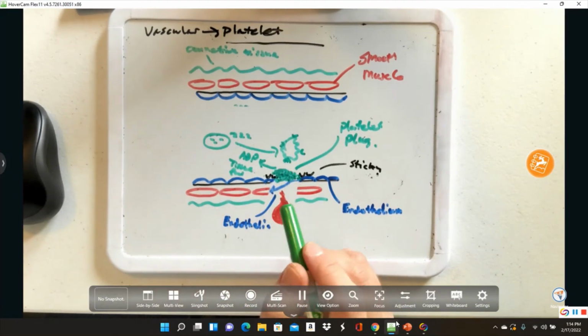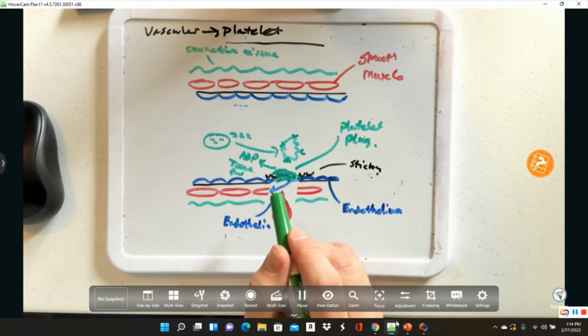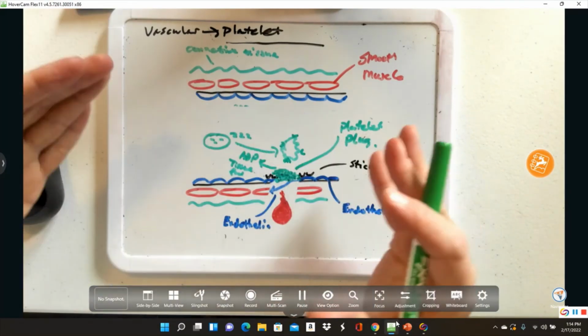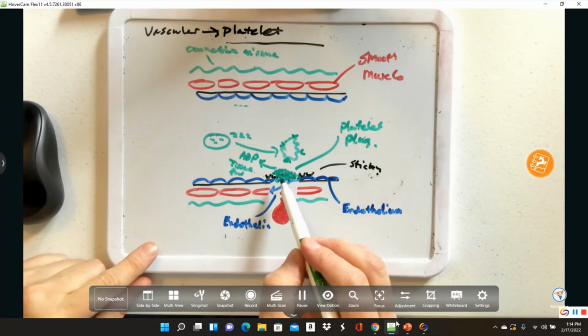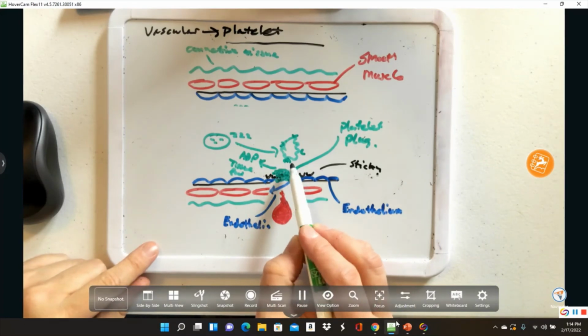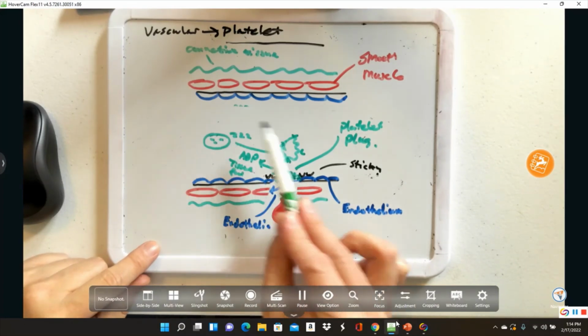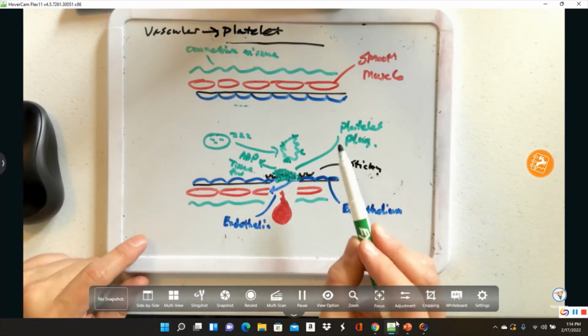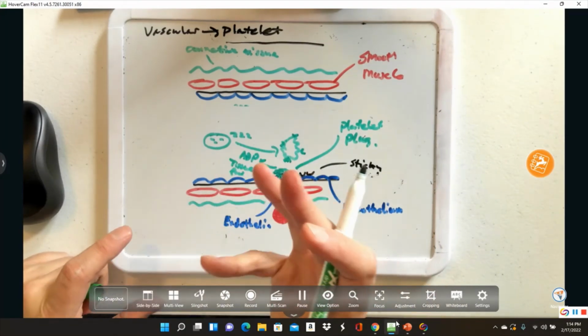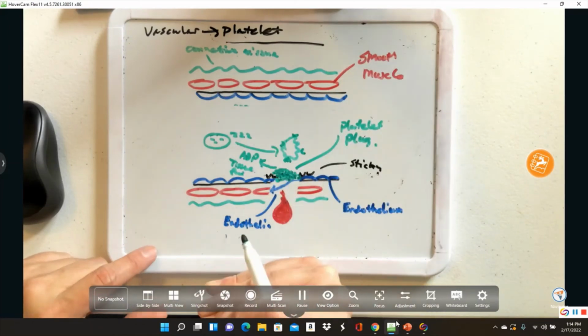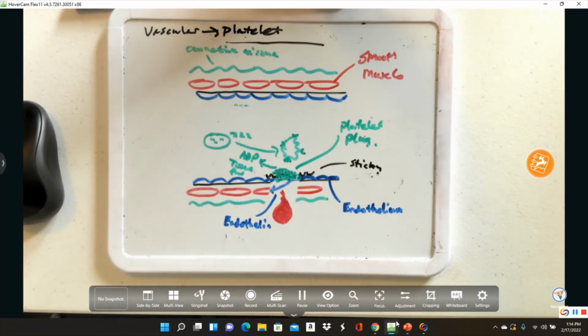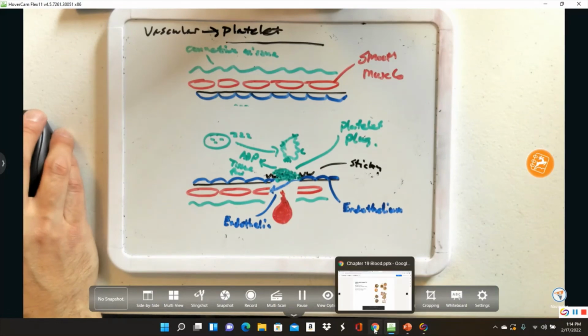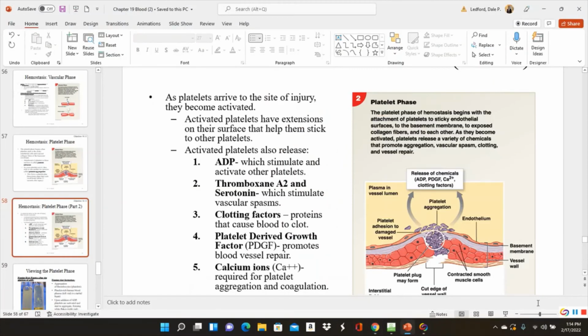And they text their friends, come over, we're having a party. Next thing you know, the party grows. When activated platelets make ADP, this ADP activates more platelets in the area, and it keeps growing and growing. Now, remember, we're going to use PGI2 to limit that a little bit. We don't want too many, but we want just enough. This gets us enough to plug the holes.